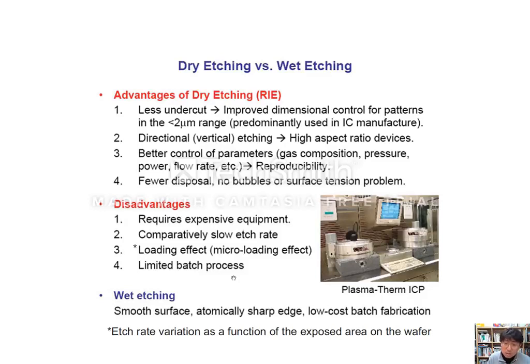But in this case, usually you need to put one wafer, sometimes a couple of wafers, in most cases maybe up to 4 wafers. So those kinds of limitations also limit your batch process efficiency. That's one of the disadvantages in dry etching. Also, wet etching causes a smooth surface, automatically sharp edges, and is a low cost batch process compared to dry etching.